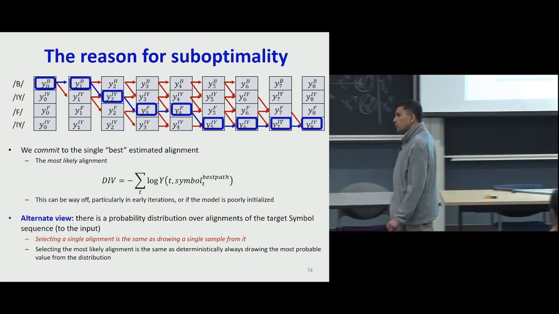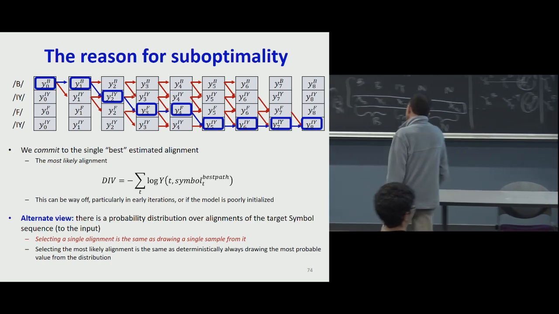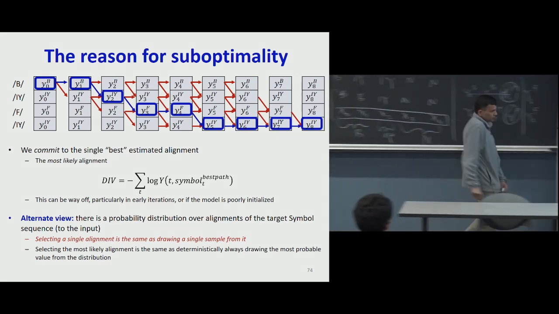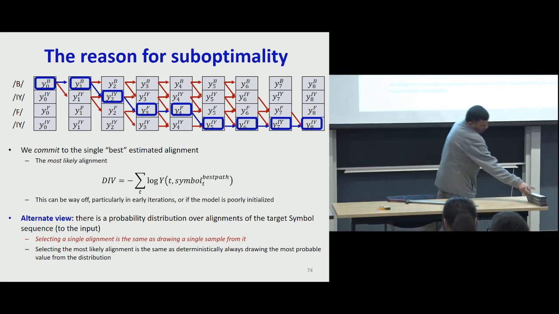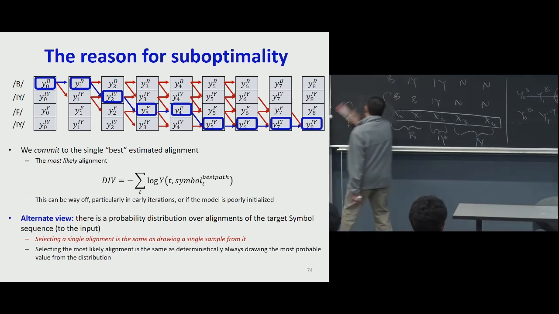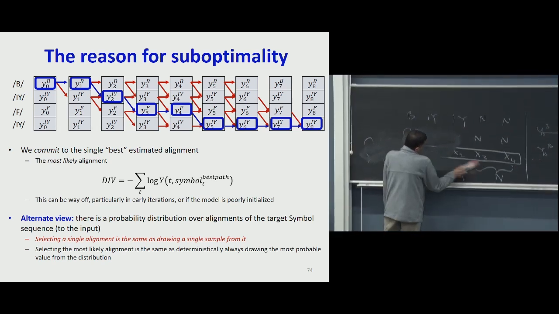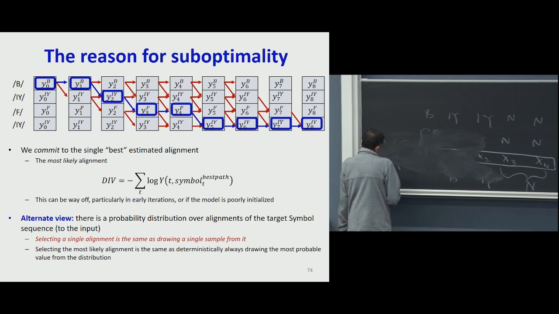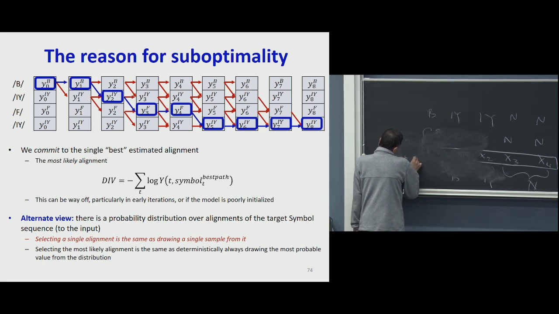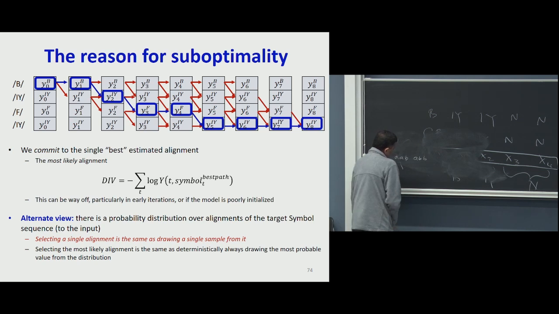So if you take this probabilistic view, for instance, you have these alignments. Let's say you have just 2 time instances, 3 time instances. So you could have AAB, ABB, right? 3 is not enough.